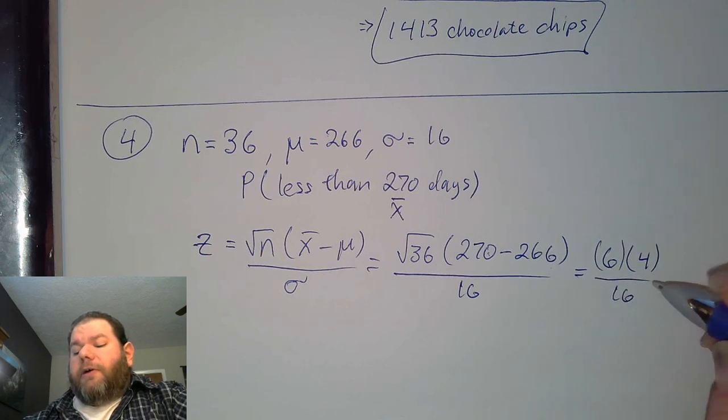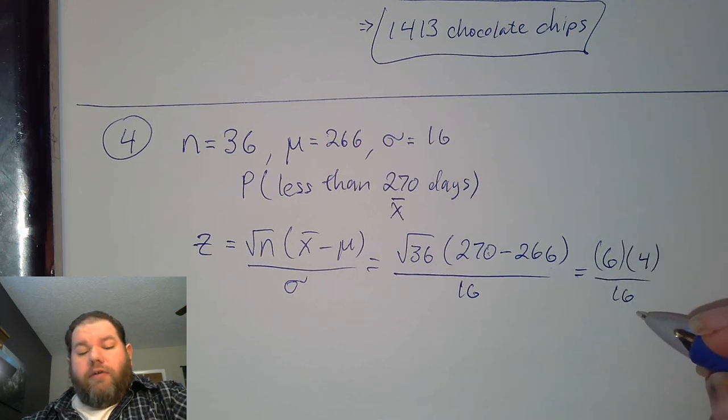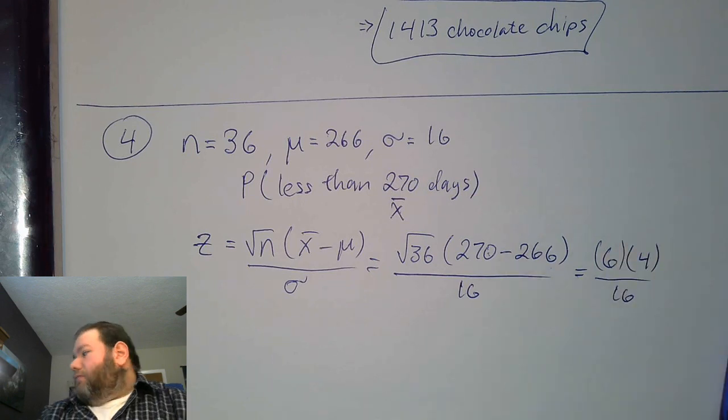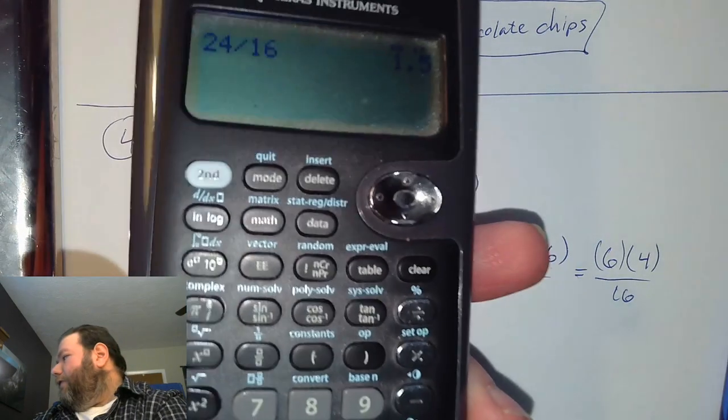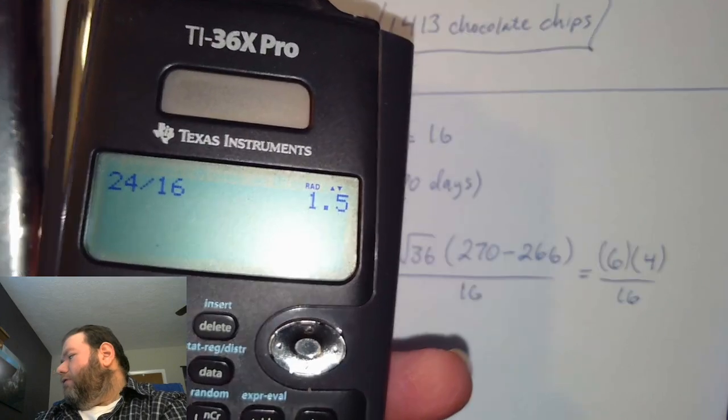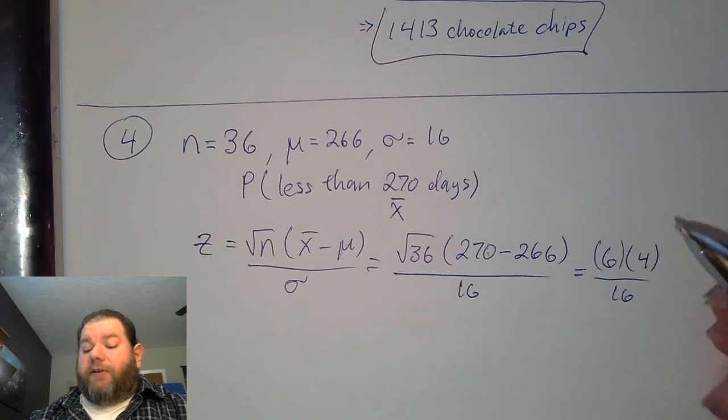There's 16 on the bottom, so it's 24 over 16, which is like 1.5. Let me verify that though. Yeah, 1.5. So that'll be our z-score in this case.